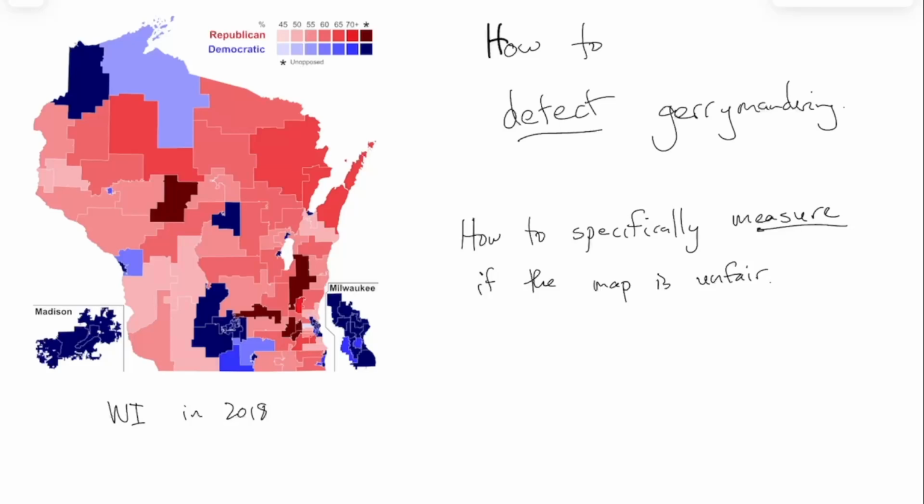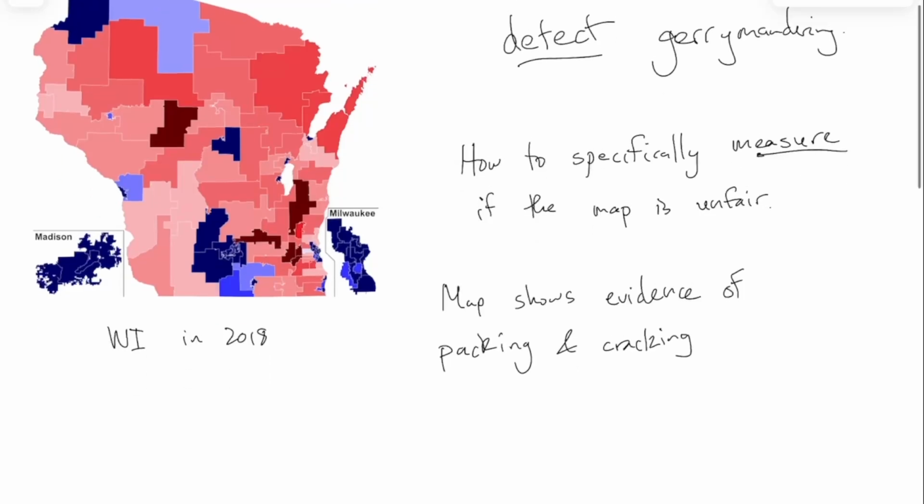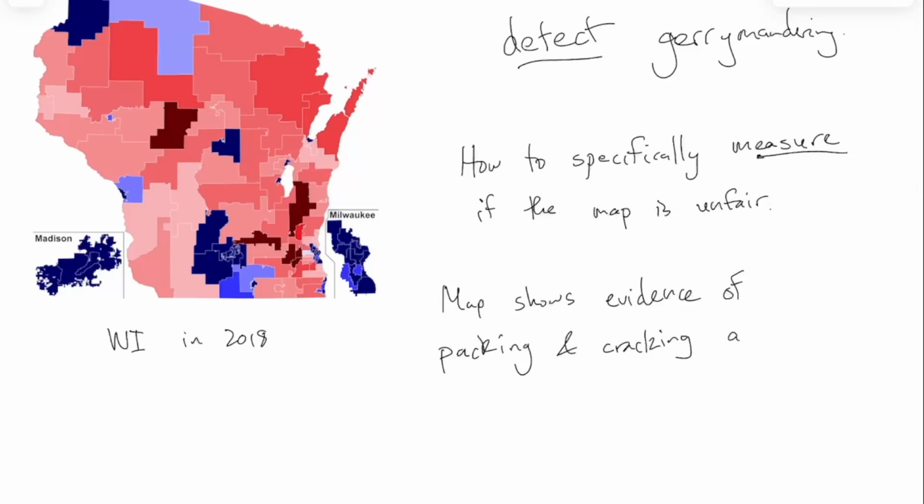But anyway, I would say this map shows evidence of packing and cracking against the Democrats.